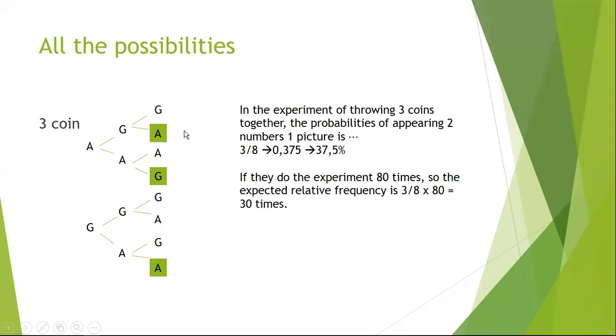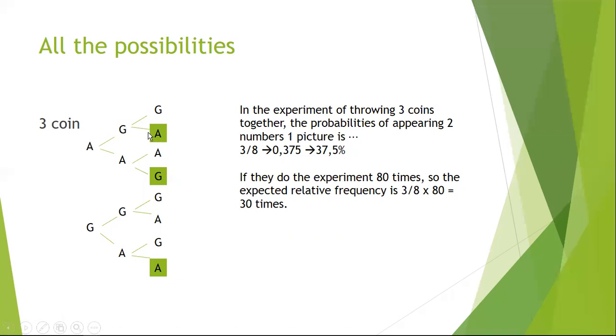Or I can write it as 2 to the power of n, where n is how many coins we need. So if you have a question in the experiment of throwing 3 coins together, the probability of two numbers and one picture is, I already marked here from the part. So you can see the probability of two numbers and one picture. Here, this is not, this is yes.